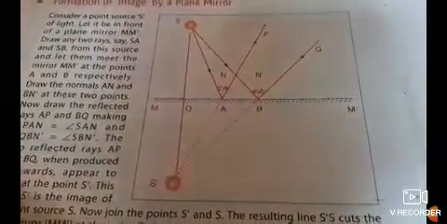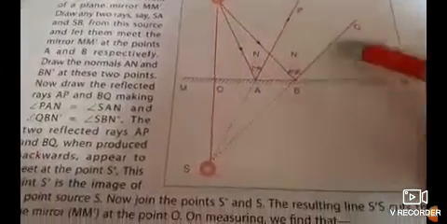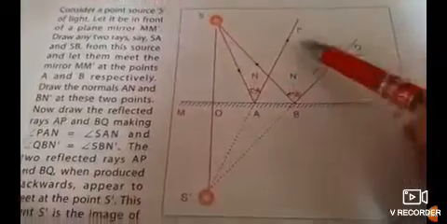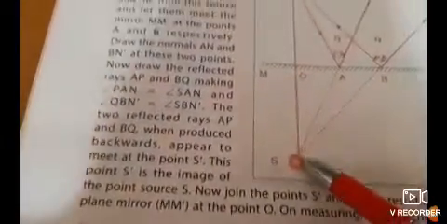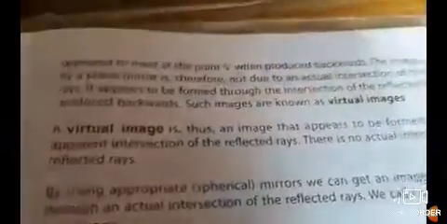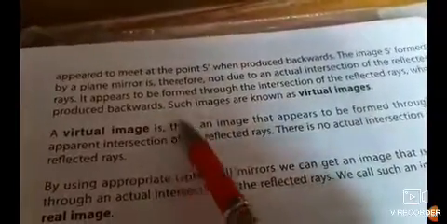Now there's one term that is to be used here, two terms in fact. Now in this case, the reflected rays, see, AP and BQ, they are running away from each other. See, the gap is increasing. Okay, so that means they are never going to meet anywhere up there. So we are going to extend them and they will meet here. Is it okay? So for such a situation, this is the term that is used. It appears to be formed through the intersection of the reflected rays when produced backwards.